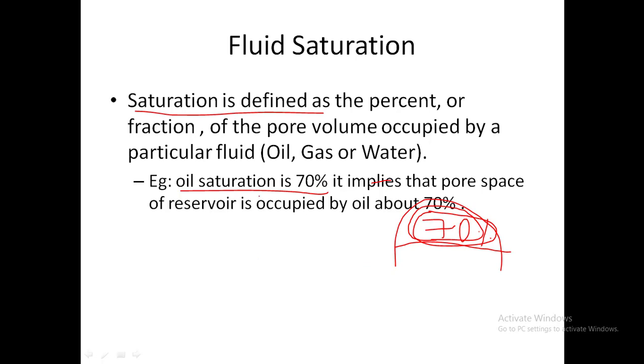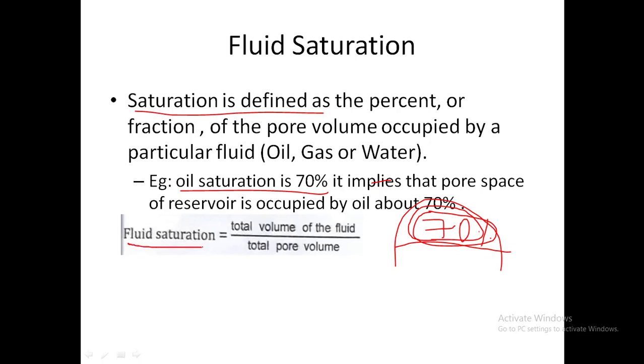So this is the formula for fluid saturation: the total volume of a fluid occupied divided by the total pore volume. If you want to calculate this pore volume, you can calculate it with the help of porosity, because in porosity we always calculate pore volume.